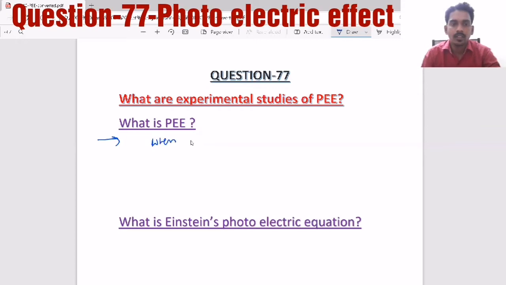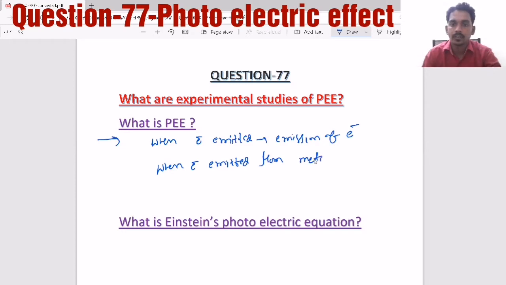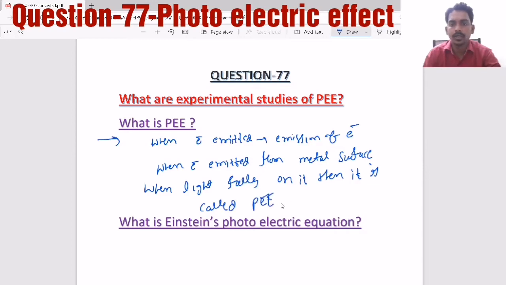When electrons are emitted from a metal surface when light falls on it, light energy falls on it, then it is called photoelectric effect, and the emitted electrons are called photoelectrons.